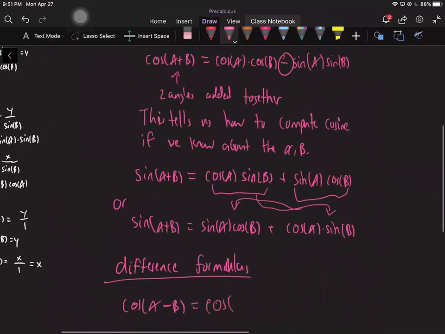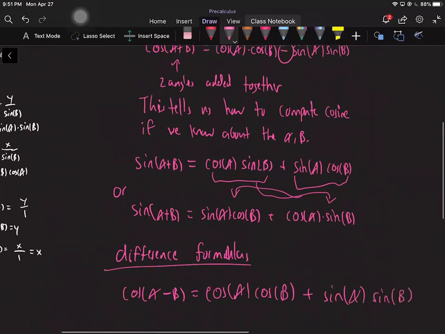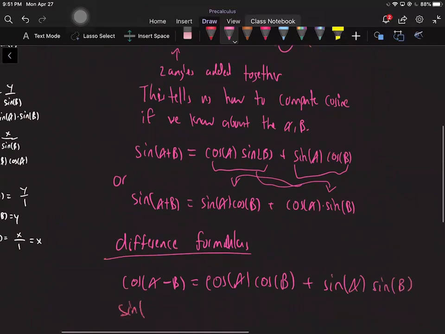So you'll get cosine alpha, cosine beta, plus sine alpha, sine beta. And then for sine, if you change it to a minus there, then let me write it how I have it here. This guy will change to a minus.